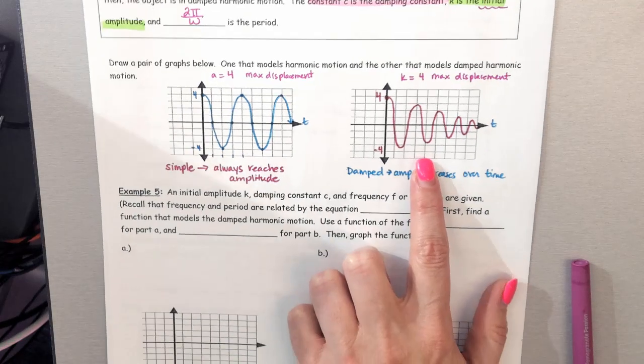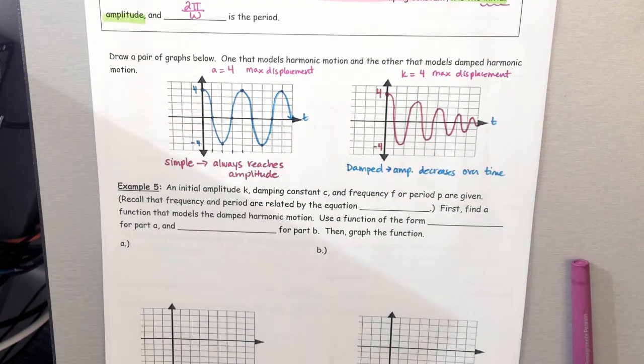Okay, so we're going to do an accelerated graph where you can see it's dampening over time. And for that reason, I'm not going to make you label your x values, because the main thing I want you to see for this graph is that the amplitude is decreasing over time and what your starting value is.